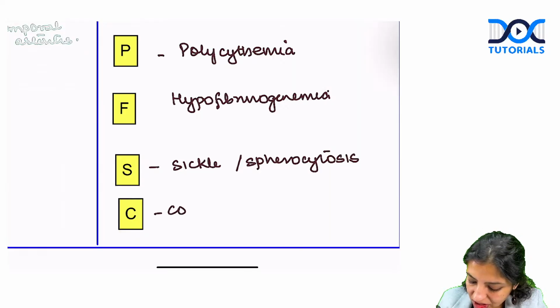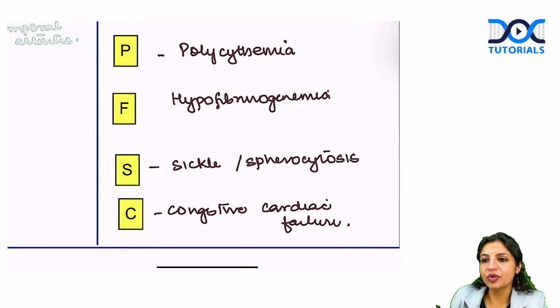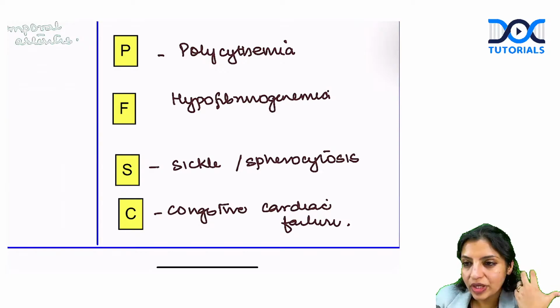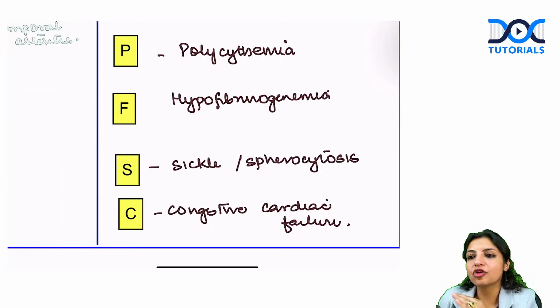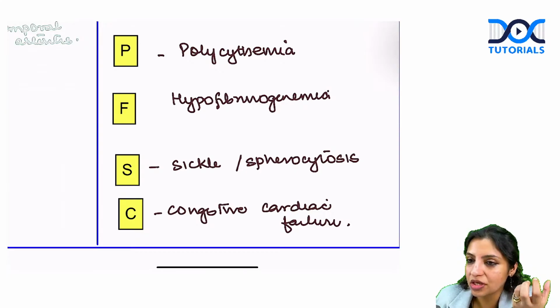Next is congestive cardiac failure. In congestive cardiac failure, what happens is there is edema. So edema causes fluid to move out from the vessels. So there is a lot of hemoconcentration in the vessels.